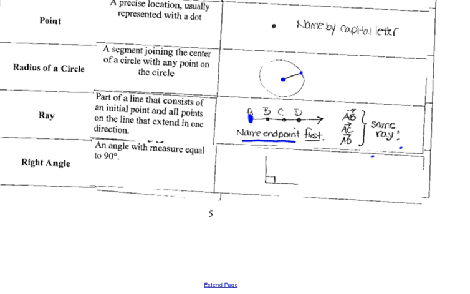Make sure that when you name a ray, you name the end point first, any point on that ray second. So when we call this ray AB or ray AC or ray AD, those all refer to the same ray. Again, different names, but same geometric figure.